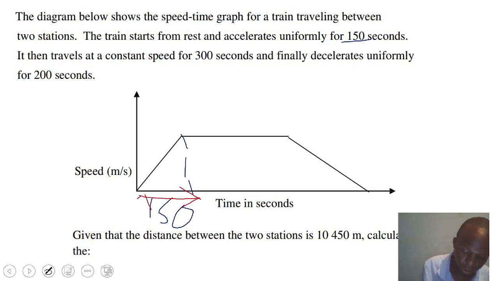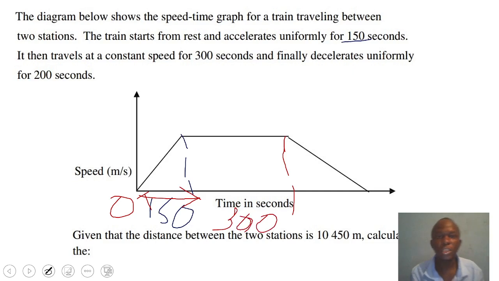It is from 0, when the velocity is 0, up to the maximum speed that we have not been provided. It then travels at a constant speed for 300 seconds.